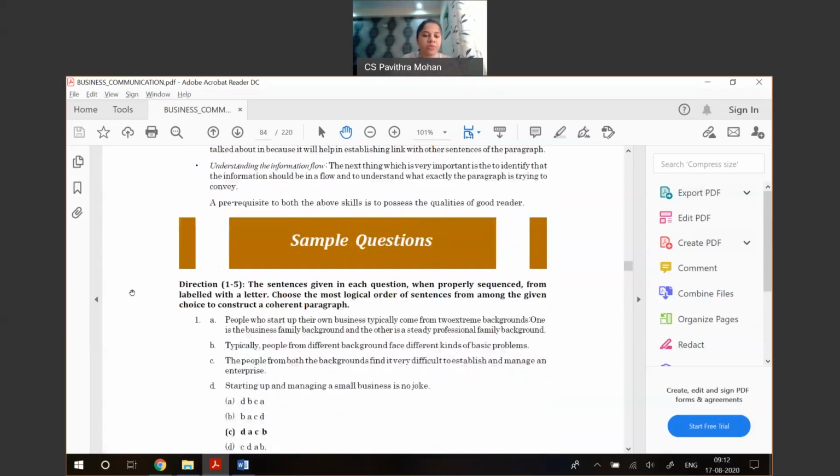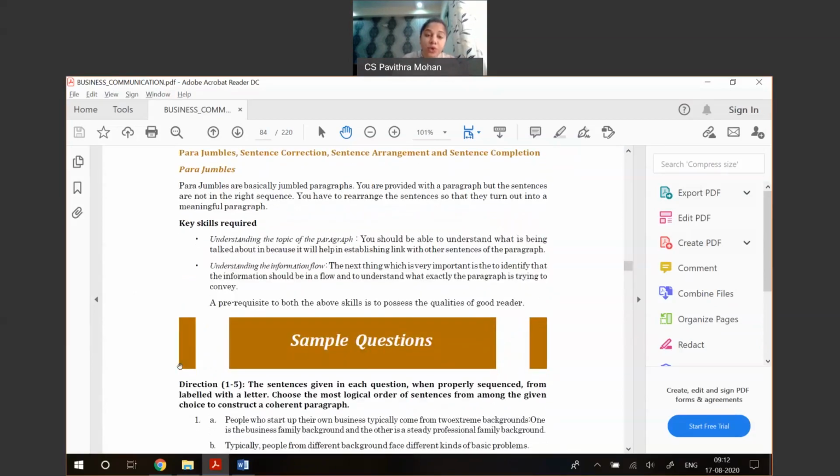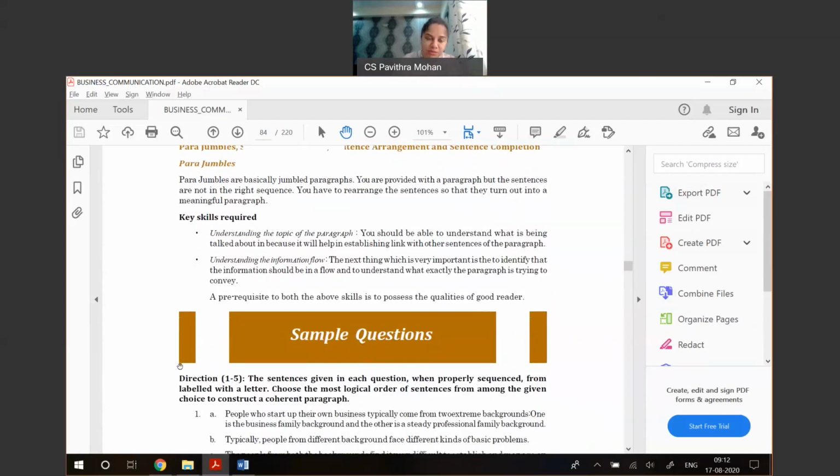Like if you see here, they'll give it as A, B, C, D. This is not in the exact format, but you have to arrange it in the exact format so it becomes a sensible passage or paragraph. This is what is called para-jumbles. So a paragraph will be jumbled and you have to identify the proper way in which it is going to be assembled.